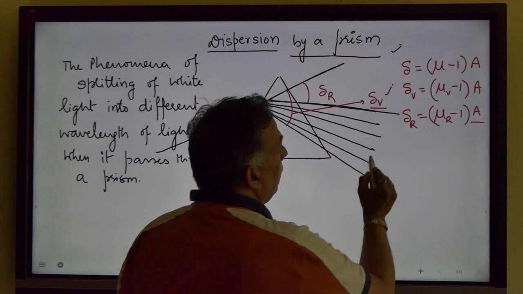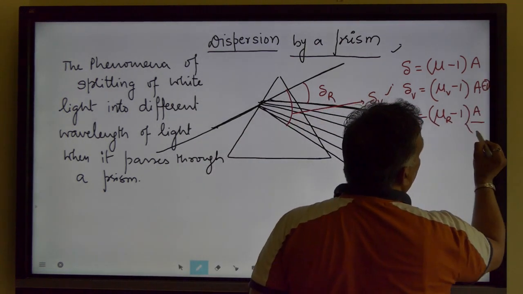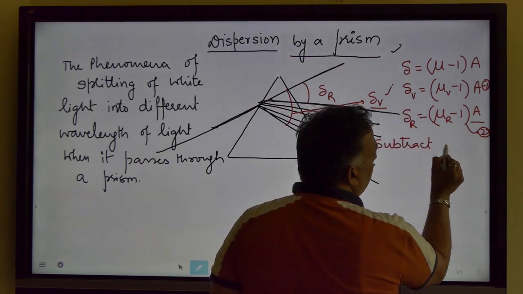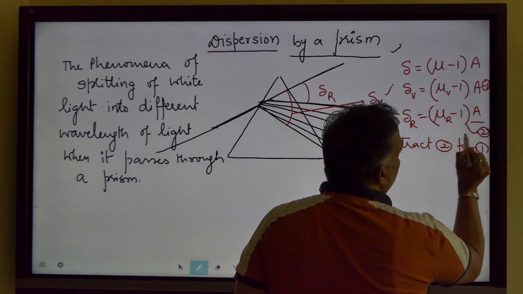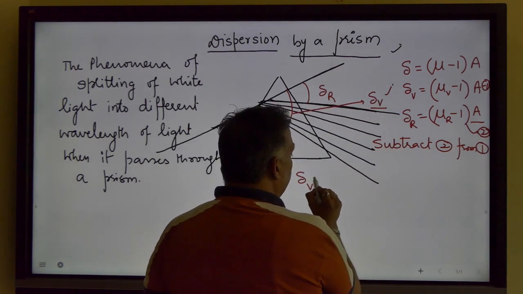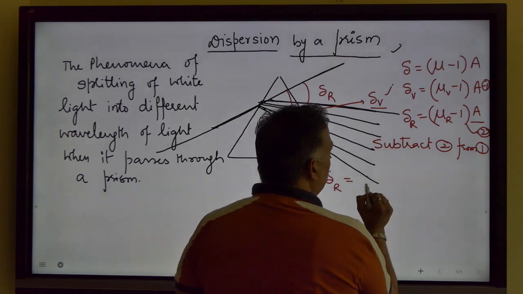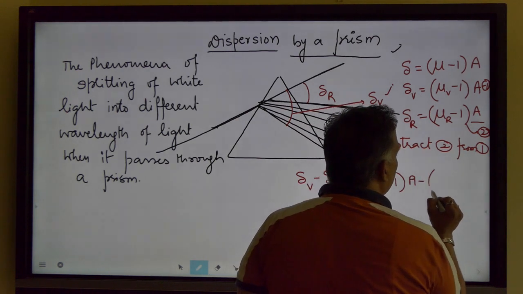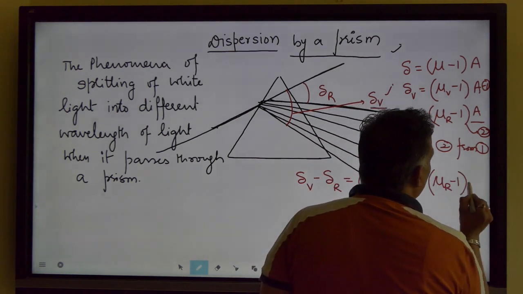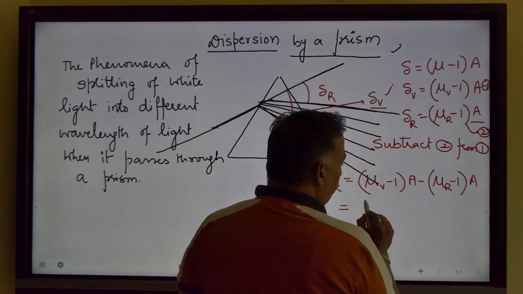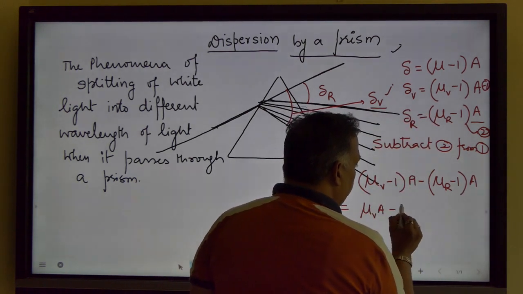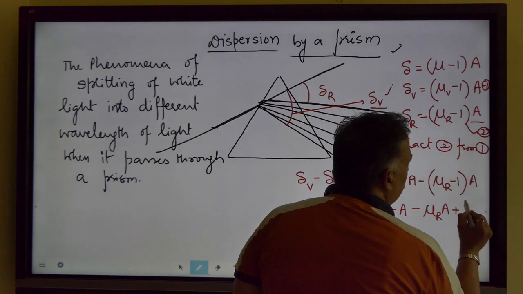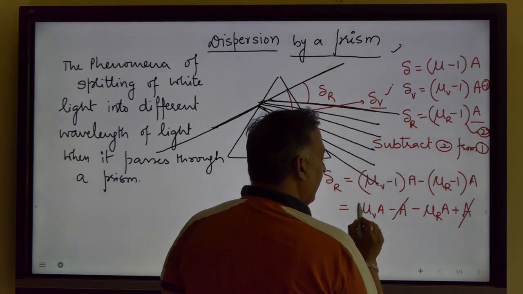If I subtract, this is number 1 and this is number 2. Subtracting number 2 from 1, delta V minus delta R is (mu V minus 1) into A minus (mu R minus 1) into A. So mu V into A minus mu R into A plus A minus A, the A cancels out.